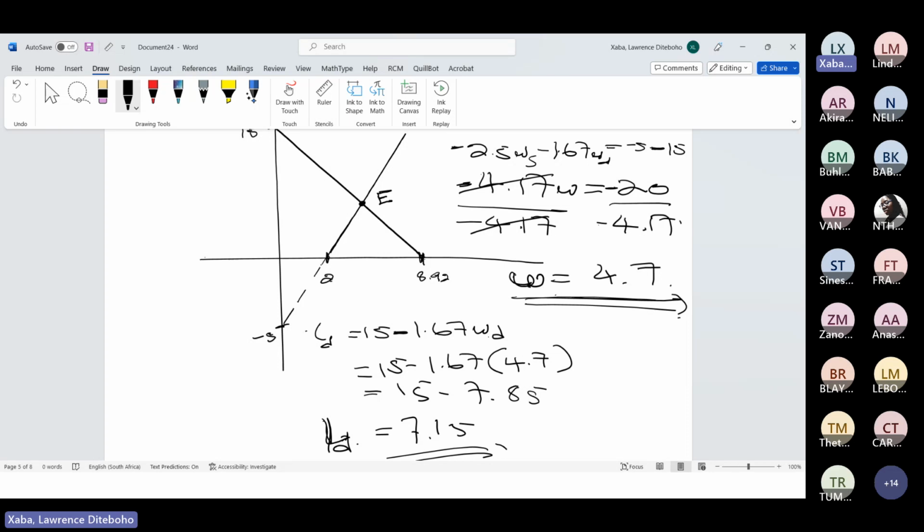If you have your calculator there, you'd see that when you divide 20 by 4.17, it gives you 4.796. So when you round it to 2 decimals, you can see after 9 there, you have 6. So 6 goes up, so 9 becomes 10, it becomes 8.